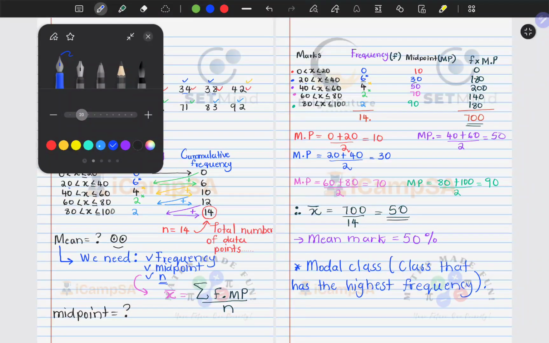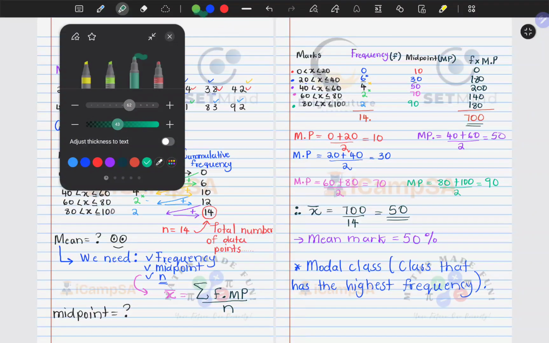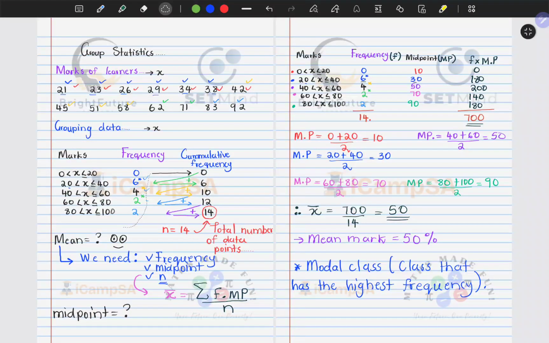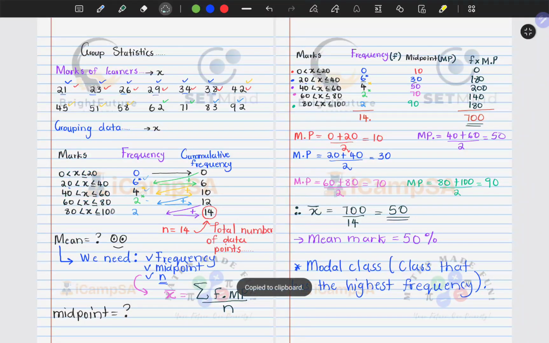In our case, if you observe carefully, 0 to 20 we have 0. 20 to 40 we have 6. 40 to 60 we have 4. So our modal class would be the one that has the highest frequency.